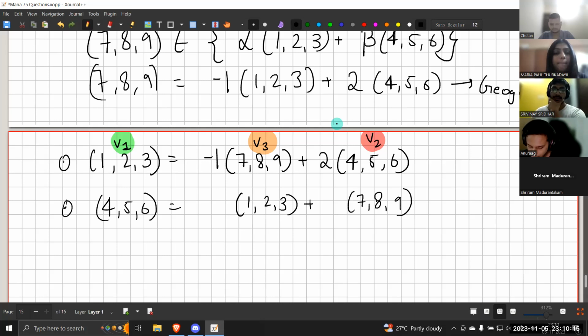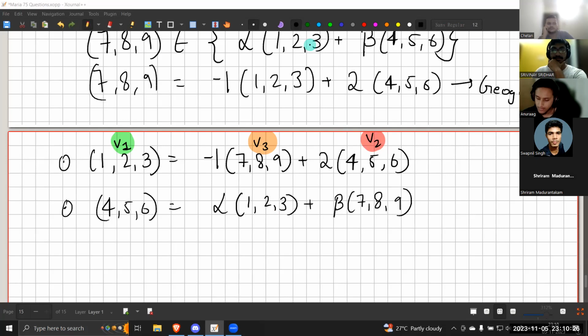So how would you represent 4, 5, 6? Can you fill in these alpha and beta values? 0.5. Sorry, I couldn't hear you. Can you repeat that? 0.5. 1 by 2. That's nice.